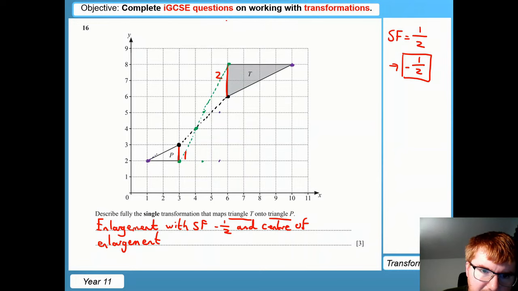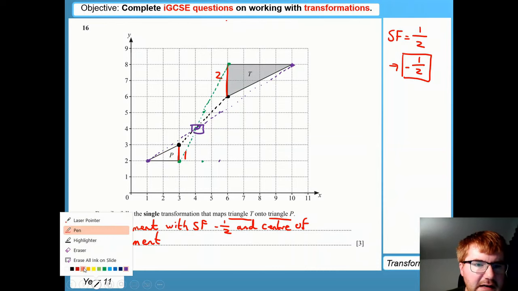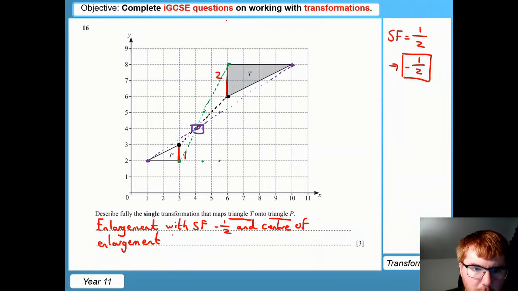And if we join those up, you'll notice we go through that same point that we're heading for, like so. So use that third point really to guarantee that you do have the correct center of enlargement in this case, which is equal to 4, 4. So we pop that in to make sure we get that 3rd mark.